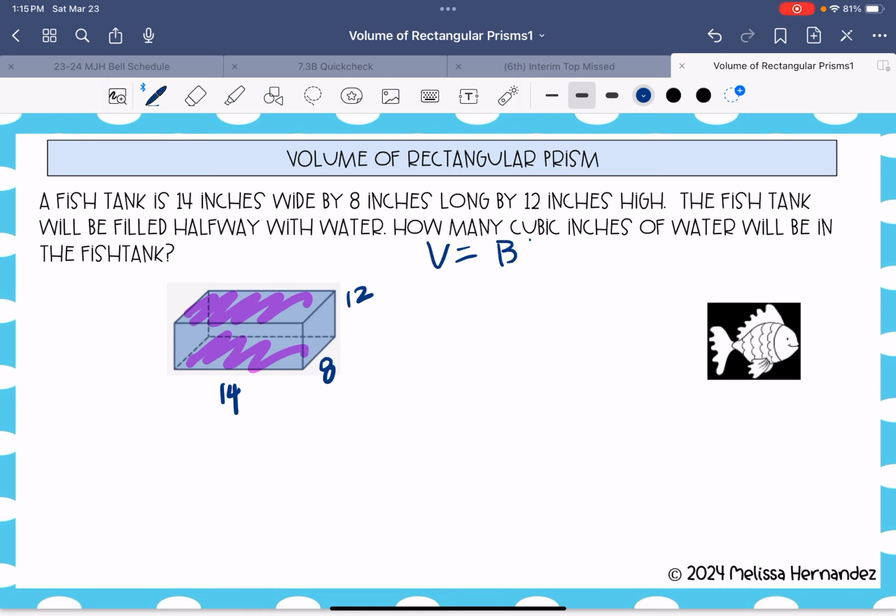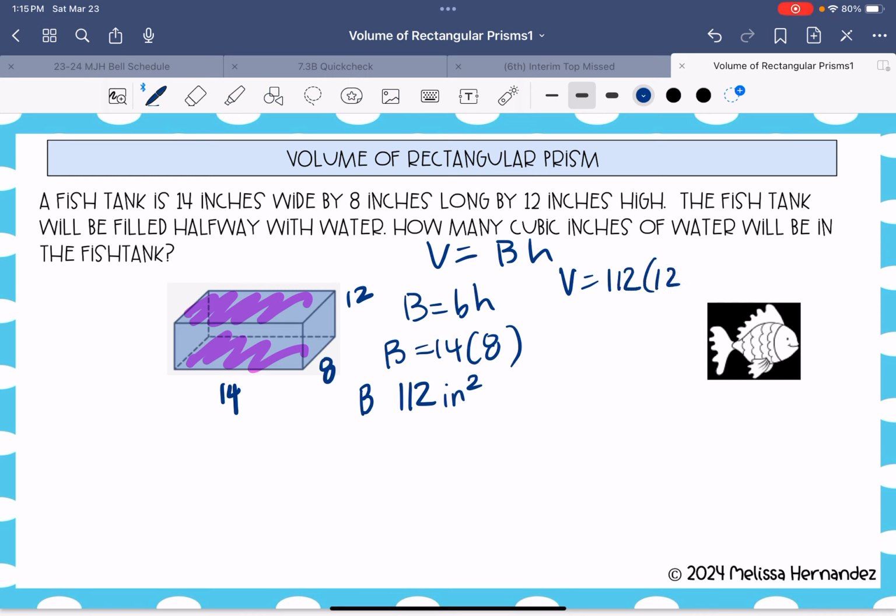First thing we have to do is find the area of the base. Just base times height. 14 by 8. When I multiply 14 times 8, that will give me 112. That's just the area of the base. Now I'm going to plug it in. The height is 12.